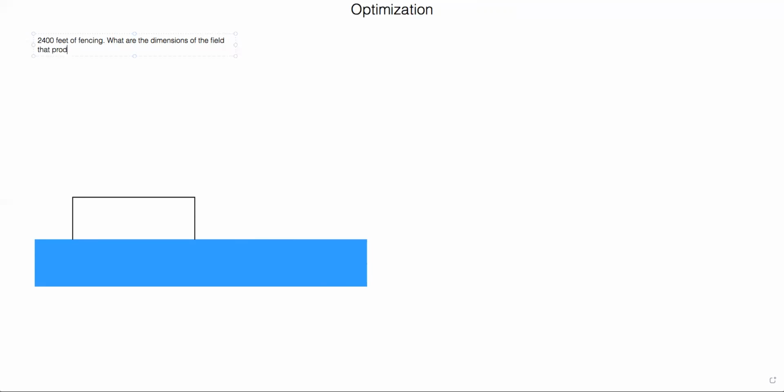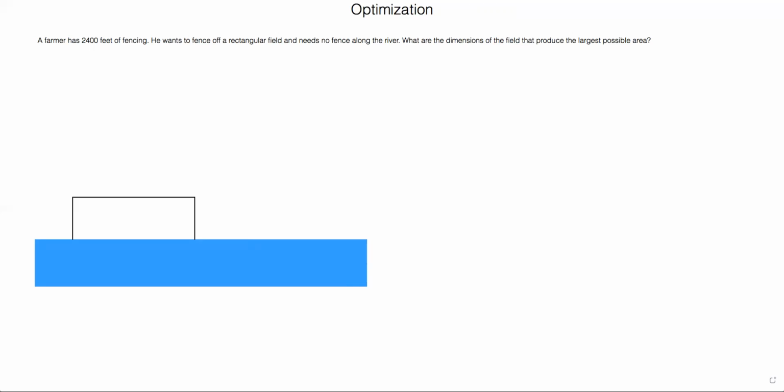In most optimization problems, you'd also want to find the constraint equation. Exactly, it doesn't always apply. In this case, our constraint equation tells us that the amount of fencing we have to use has to equal 2,400 feet.